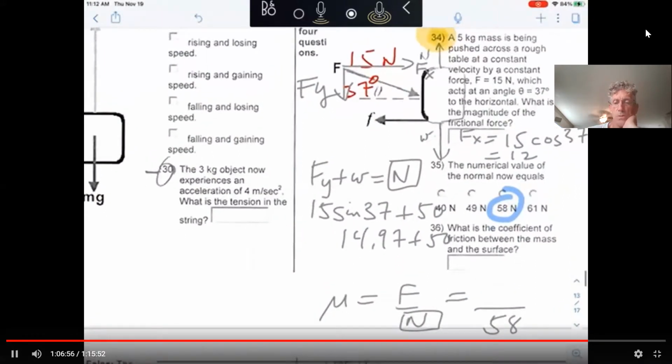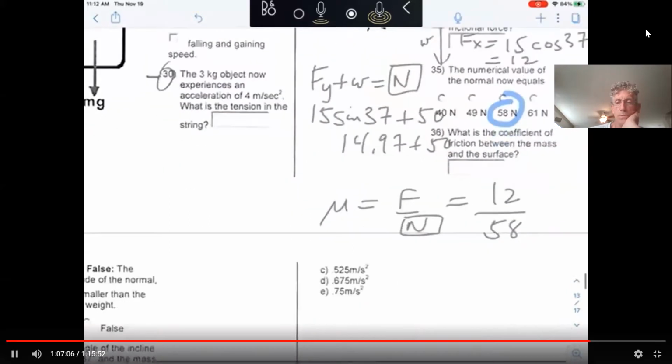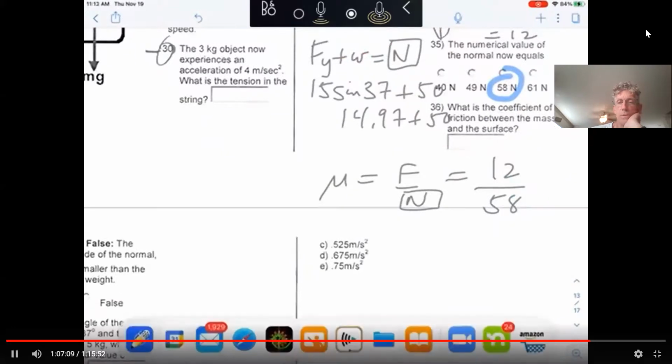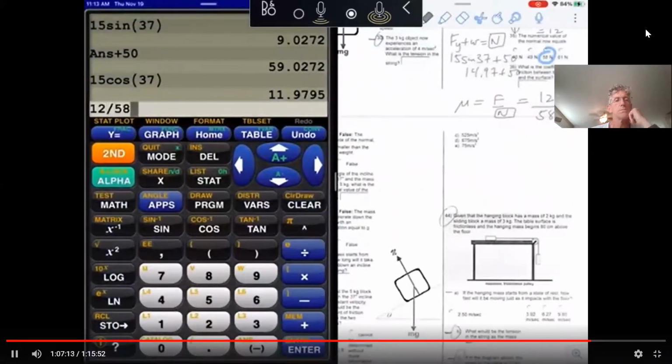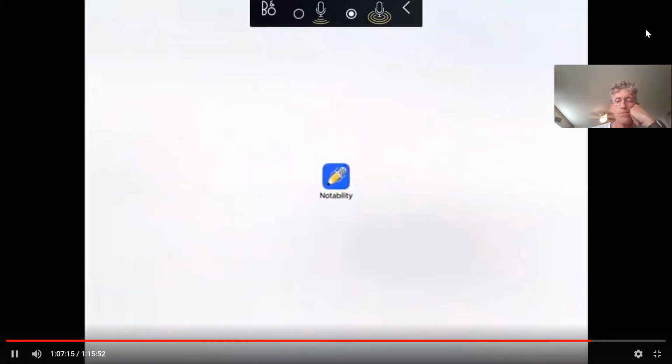So it's 12 over 58. 12 over 58 is equal to whatever. So that's kind of review.